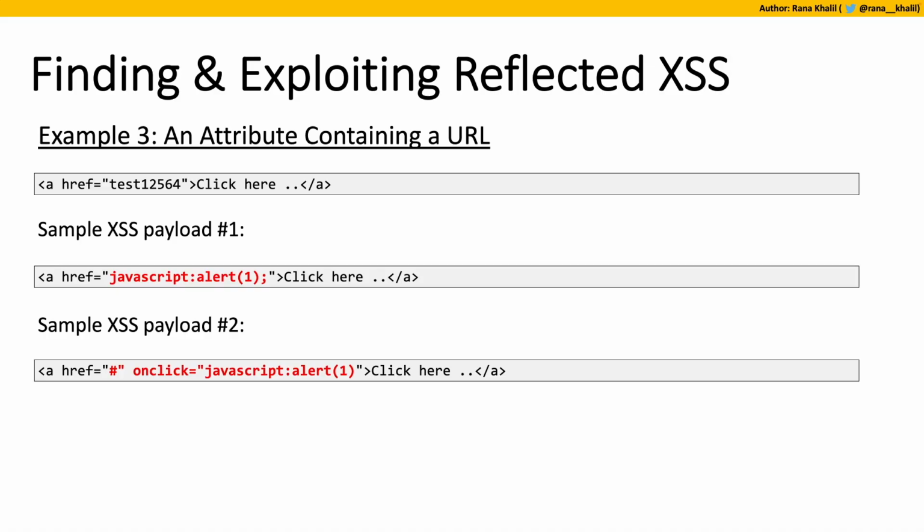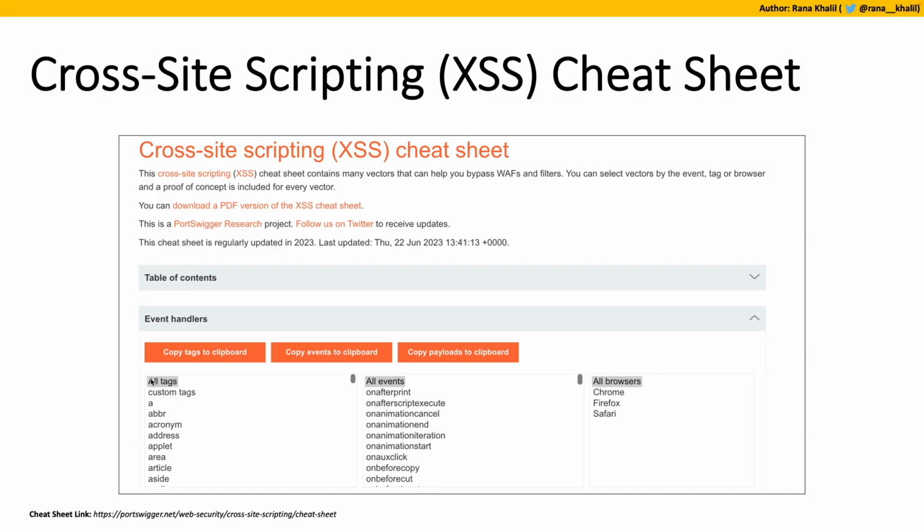So with the three examples that we saw, each reflected context required a different payload, and so it's really important to understand the context in which your input is reflected before you start throwing random payloads at an input vector. Now, I do want to bring your attention to an amazing resource that is provided by the Portswigger organization.